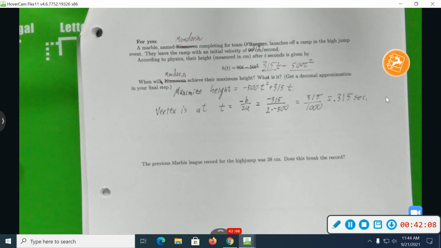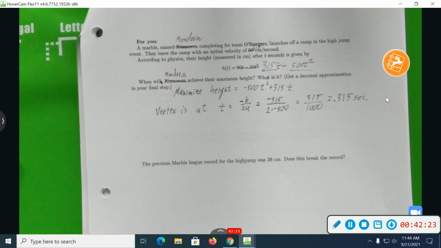And I certainly hope no one would have reached for their calculator to do that bit of division. Cool. So that's the time at which Mandarin achieves their maximum height.